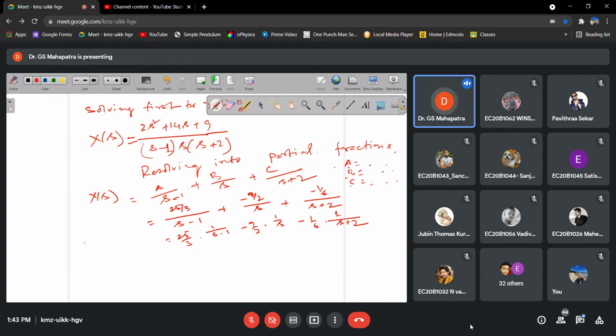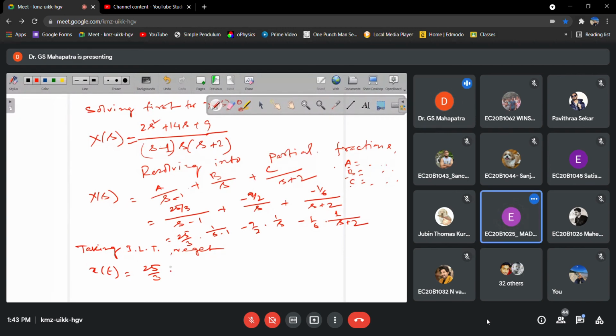Now, taking the inverse Laplace transform, we get x of t. 25 by 3 into 1 by (s minus 1) gives e to the power t.